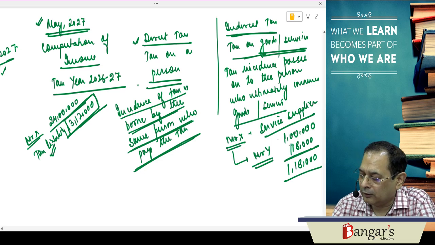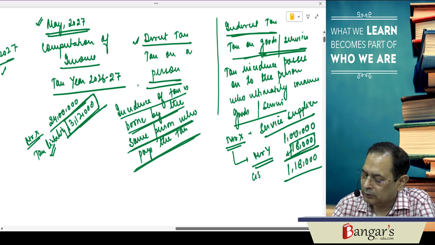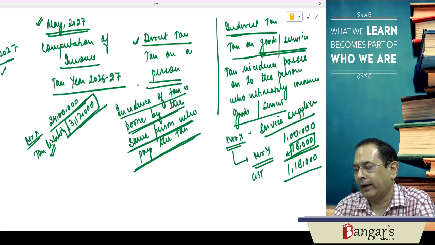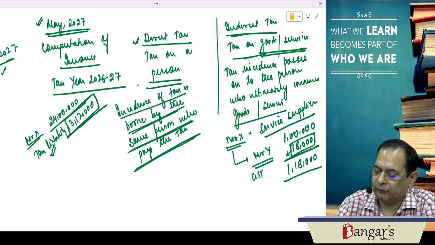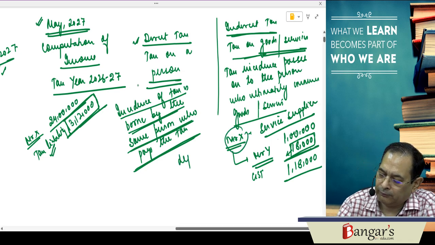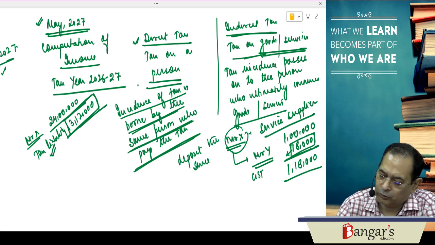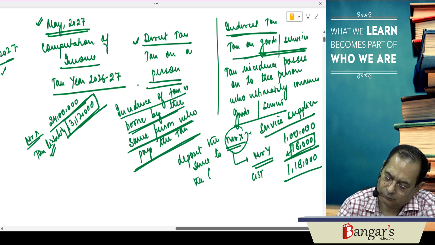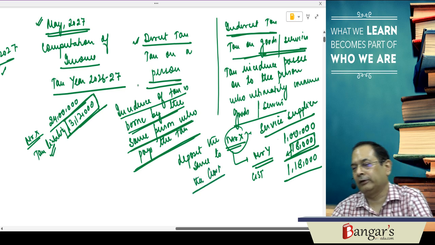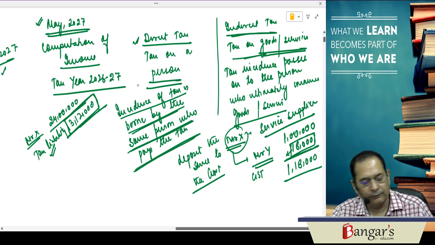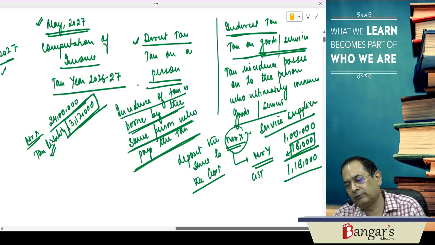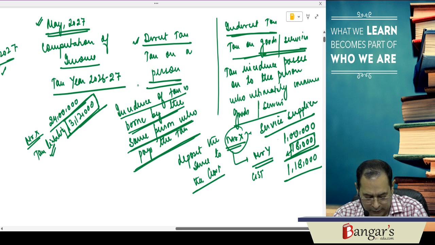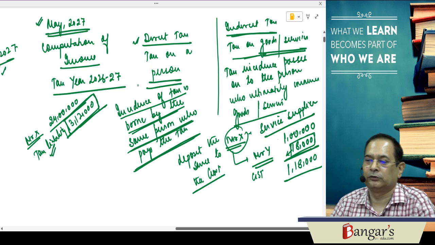And this 18,000 is a GST amount, which will be collected by X from Mr. Y, and Mr. X deposits the same to the government. Basically here, the incidence of the tax passes on to the person who ultimately consumes the goods and services.